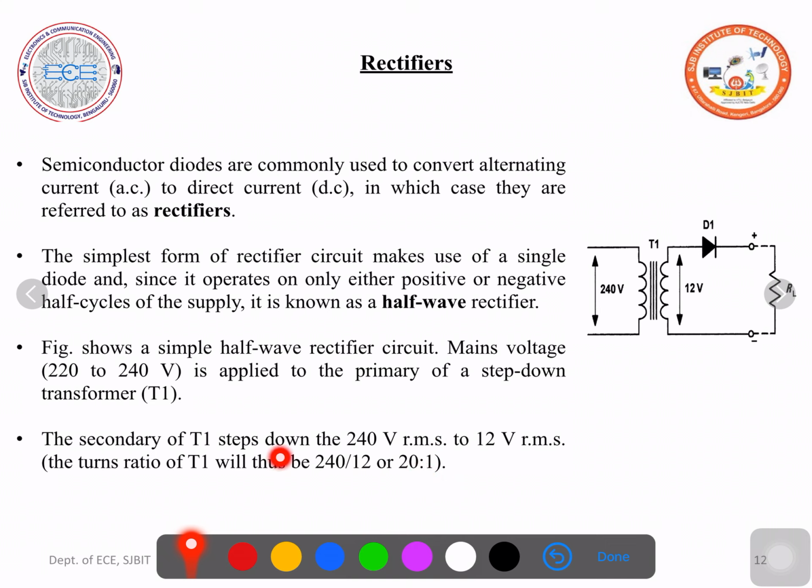The secondary of T1 steps down the 240 volts RMS value to 12 volts RMS. So the turns ratio of T1 will thus be 20:1. Semiconductor diodes are commonly used to convert the alternating current to direct current, in which case they are referred to as rectifiers.